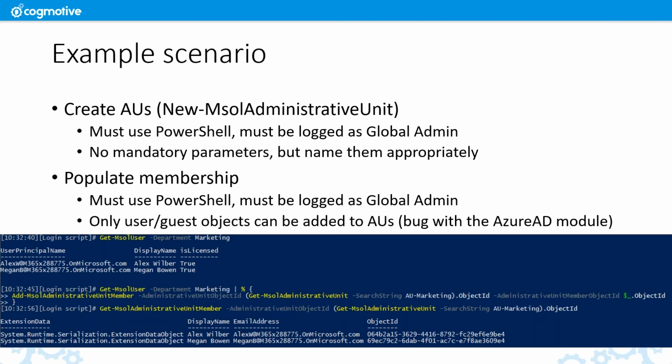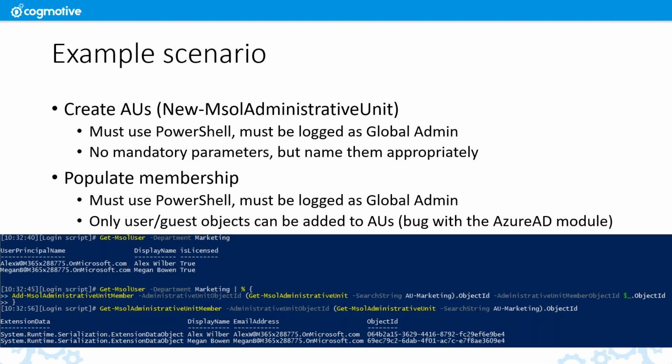The problem with this, however, is that there are no ways to do the membership dynamically or based on some criteria, some filters and so on. You have to do it yourself. If you use the commandlet, you can only add one user at a time, but luckily with PowerShell you can of course automate things a bit. So in this example we are showing how you can populate all the members of the marketing AU.